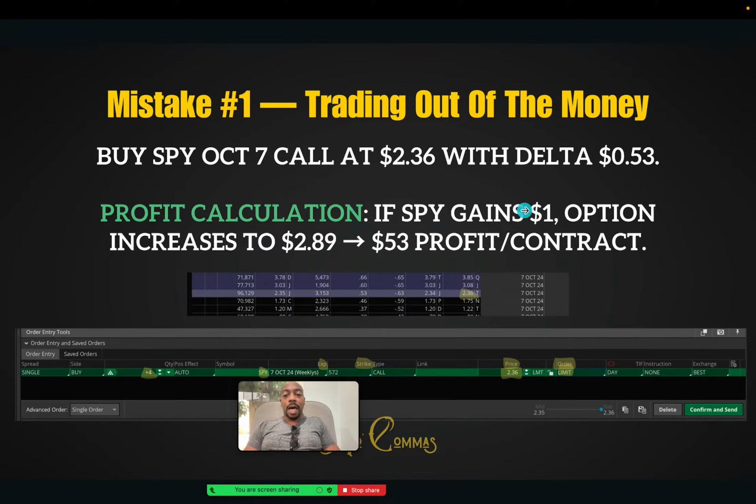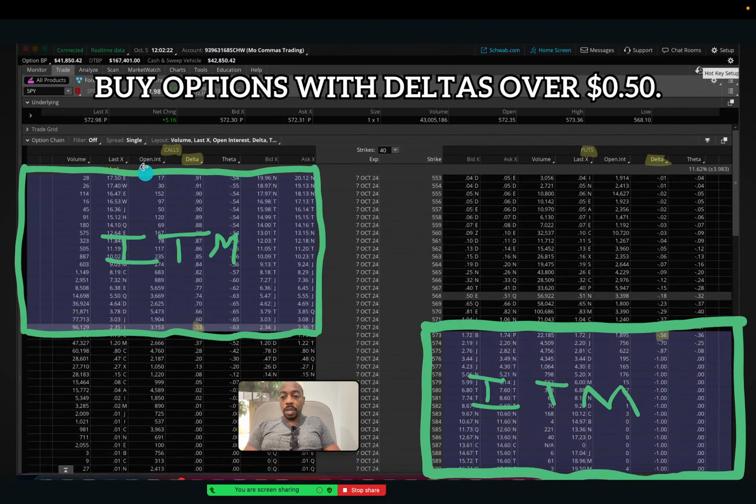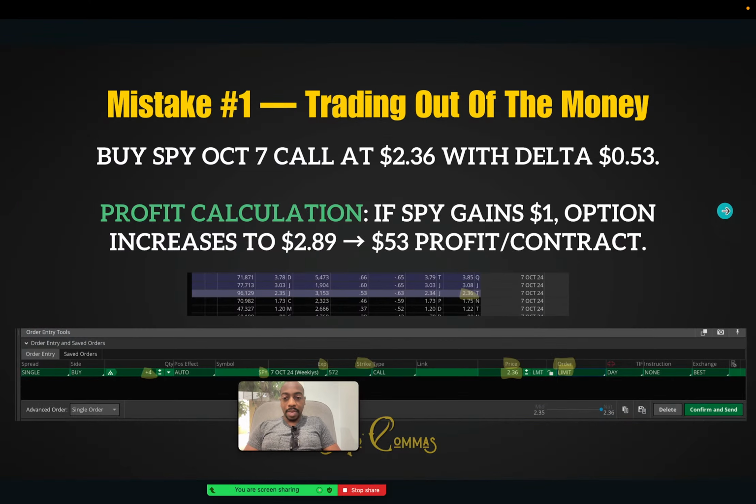So if SPY goes from, what was the price before? If it goes from 572.98 to 573.98, then the option increases to $2.89 or $289, right? Which would be $53 per contract.